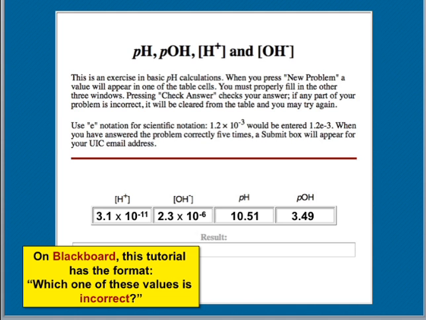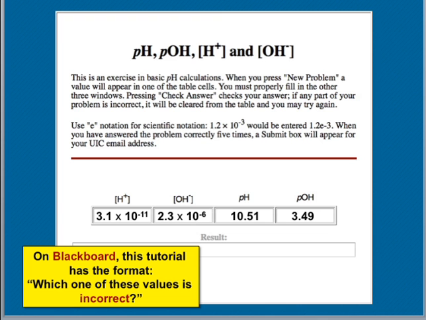Now this is actually simple. If you look at pH and pOH, they must add up to what? 14. If they don't, one of these is wrong. That's it. If you type in 3 times 10 to the minus 11 and take its log, it should equal 10.5. If it doesn't, it's wrong.